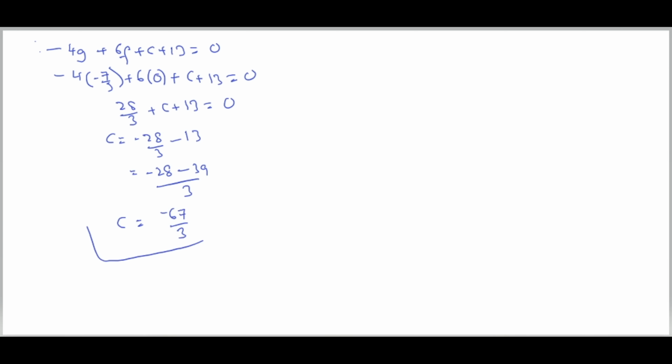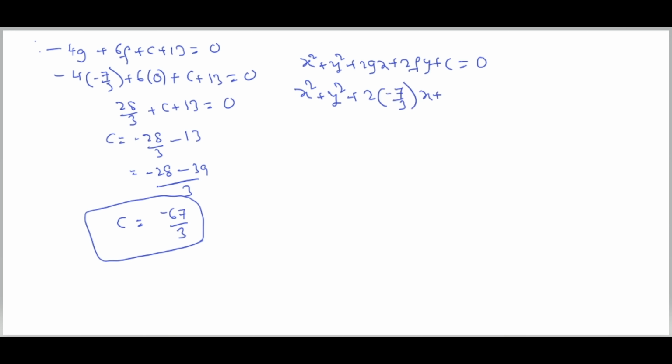So substituting these g, f, c values in the circle equation, the circle equation is x square plus y square plus 2gx plus 2fy plus c is equal to 0. Therefore x square plus y square plus 2 into g value minus 7 by 3 into x plus 2 into f value 0 plus c, that is minus 67 by 3, is equal to 0.